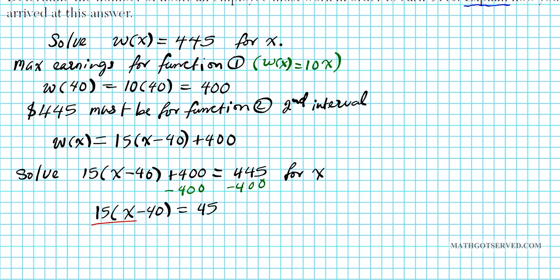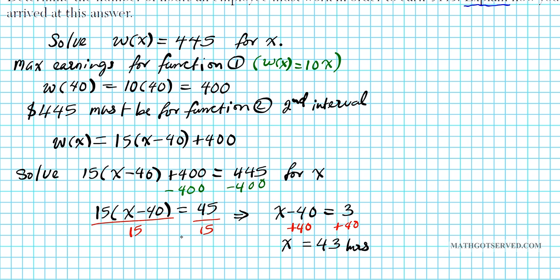Let's get rid of the 15, divide both sides by 15. That gives us x minus 40 equals 45 over 15, which is 3. And then lastly, just add 40 to both sides. And then you have x equals 43. And the unit here is hours.